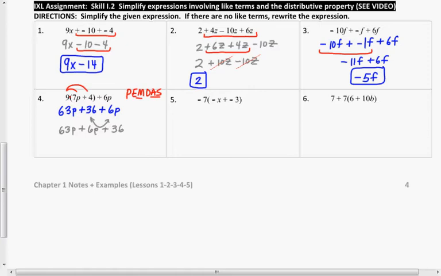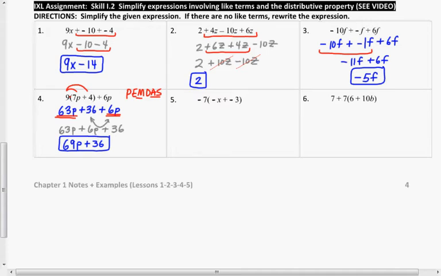You certainly could do that, but I'm going to probably start taking a shortcut here and just underlining that this term here, 63p, and this one here are like terms. And so rather than take the time to write those out, I'm just going to add it in my head. 63 plus 6 is 69. So 69p plus 36. All right, next one is the same situation.